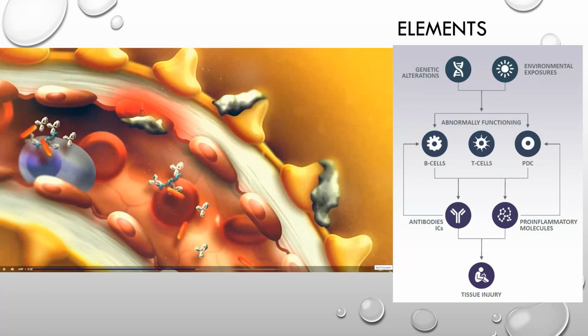Okay. We also think that the environmental exposures can make things worse.